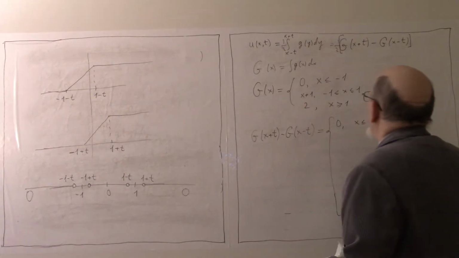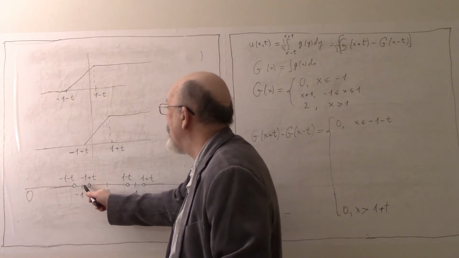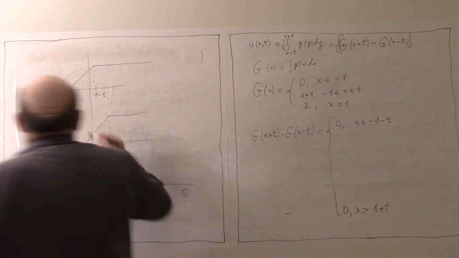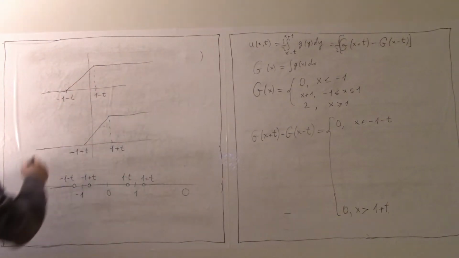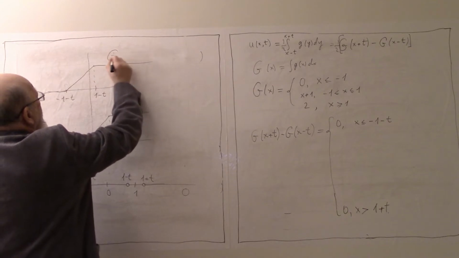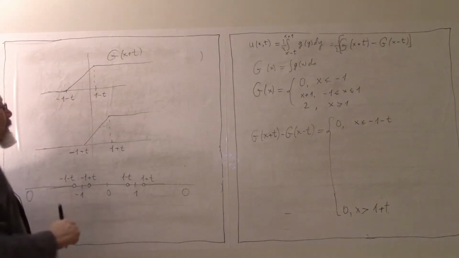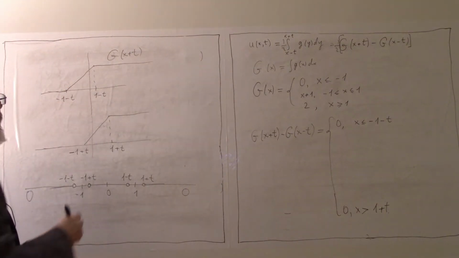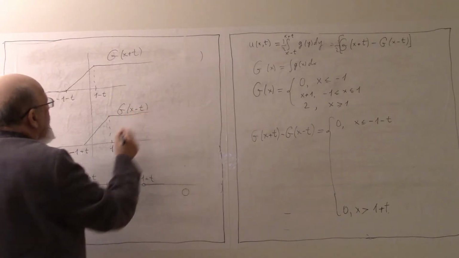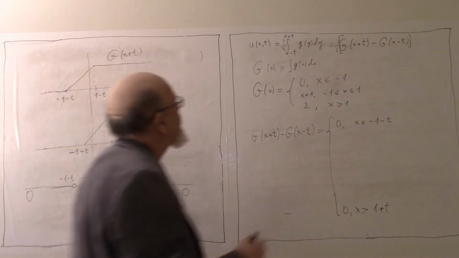So when x is between minus 1 minus t and minus 1 plus t, then this function g of x plus t is already non-zero, and g of x minus t is 0. So we have simply g of x plus t.